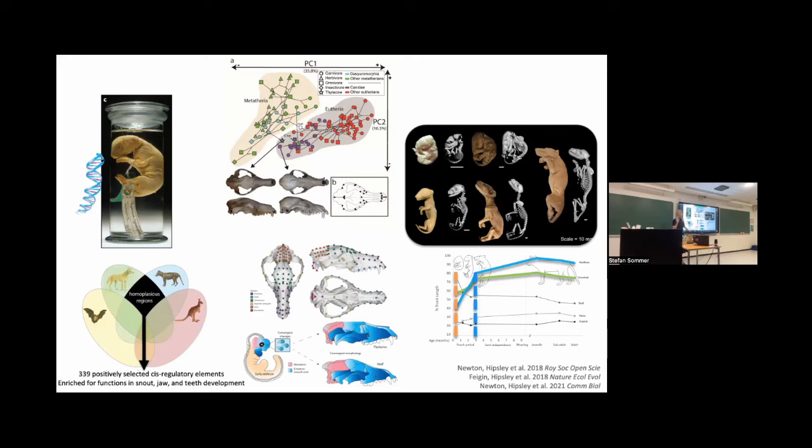So they're not the protein coding genes, but the things that tell them when and where to turn on and off. My colleagues, Andrew Pask's group at the University of Melbourne, identified 339 regions positively selected in both of these convergent lineages, and many of them are indeed enriched for functions of the skull that are related to eating meat, for example.